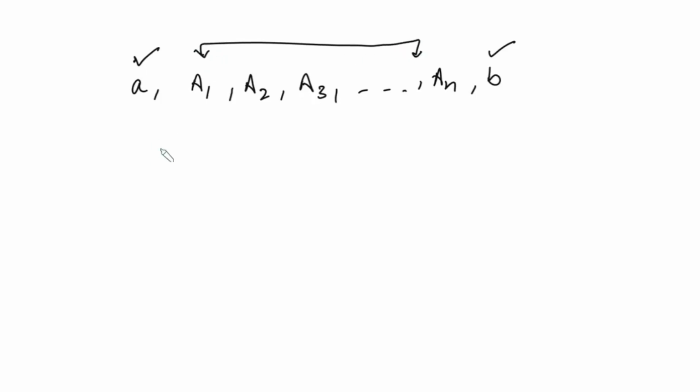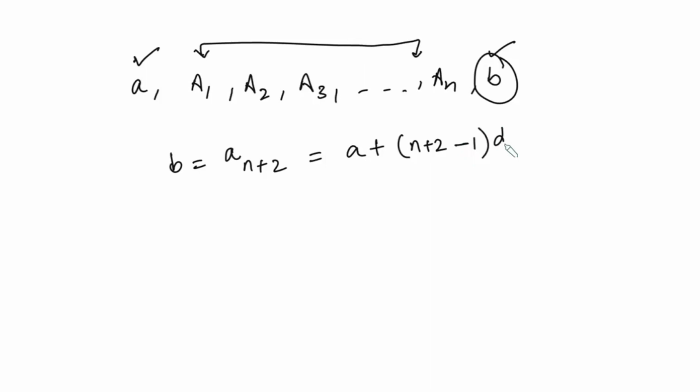That means in total we have n plus 2 terms, right? So B is the n plus second term, right? So we have B equals A(n+2), the n plus second term. So the formula for that will be A plus (n plus 2 minus 1)D, right?